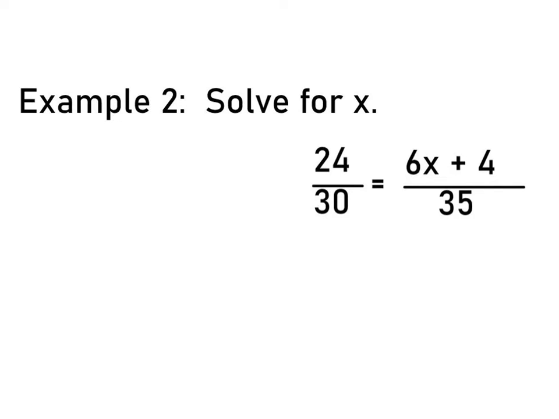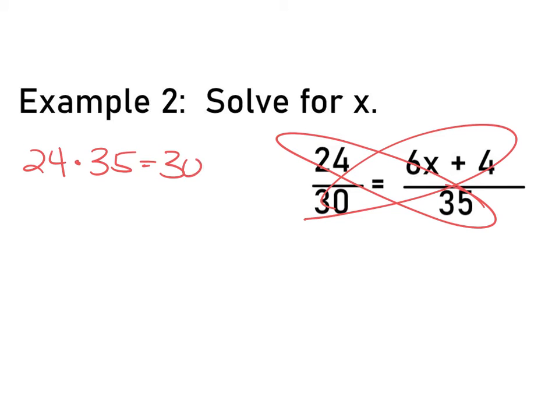Okay. So here we're just solving a proportion. So anytime you see this, right, we have two ratios setting equal to each other. So that is a proportion. We are going to cross multiply. So 24 times 35 has to equal 30 times 6x plus 4.